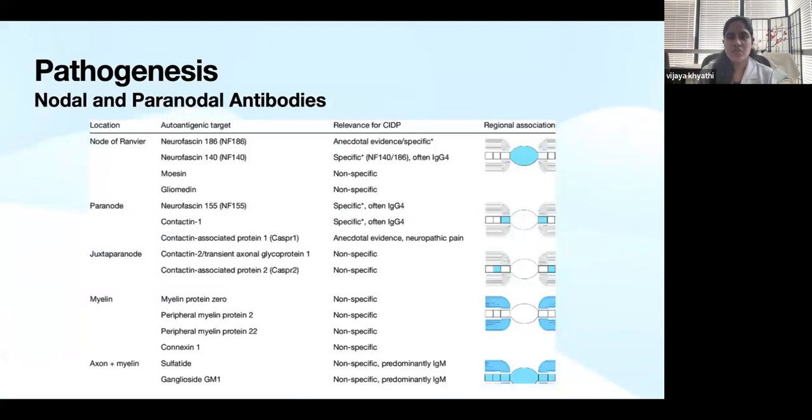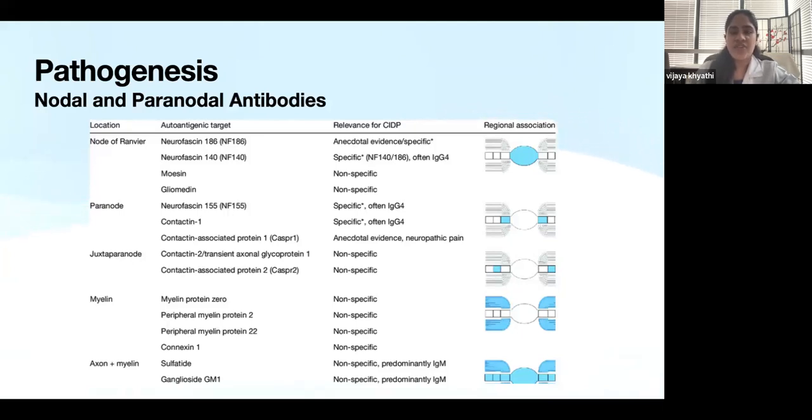CIDP variants are also associated with antibodies against various regions like the nodes of Ranvier. The most characteristic antibodies found are neurofascin 186, neurofascin 140, contactin 1, and contactin-associated protein 1.